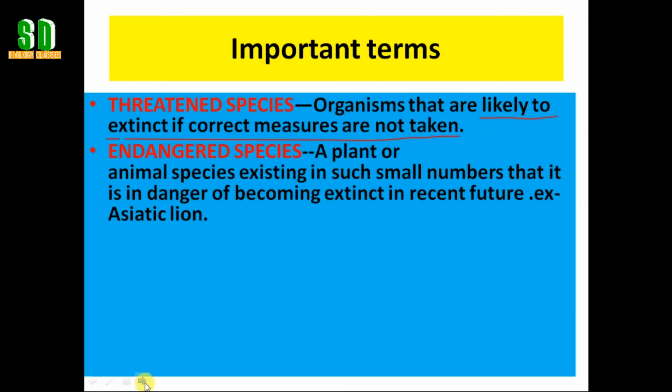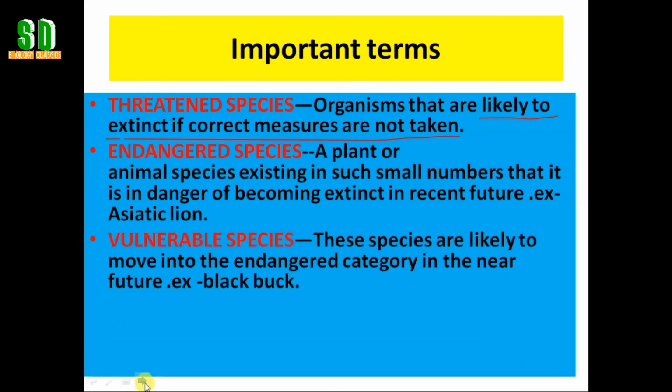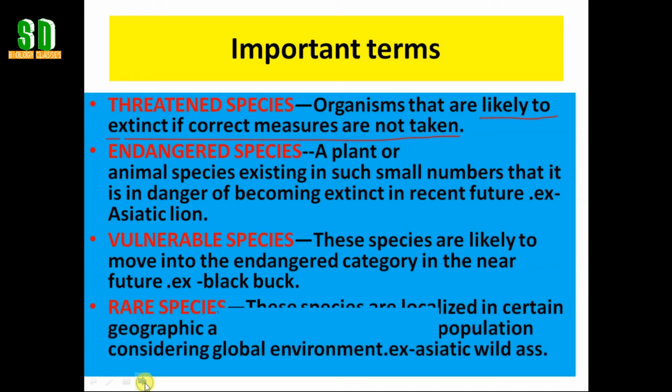An example is the Asiatic lion. Another type of threatened species is vulnerable species, which are in less threat than the endangered species. These species are likely to move into the endangered category in the near future. An example is animals like the blackbuck.